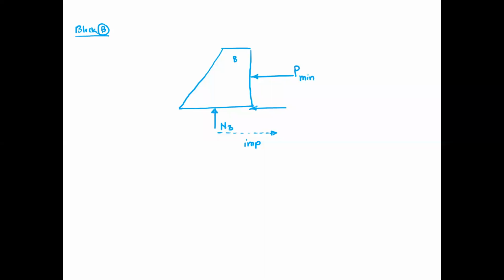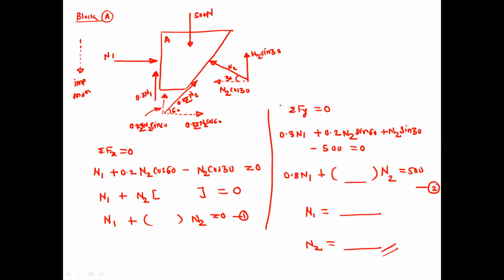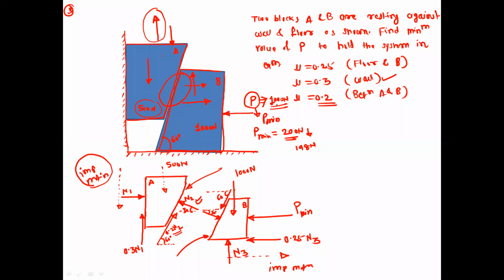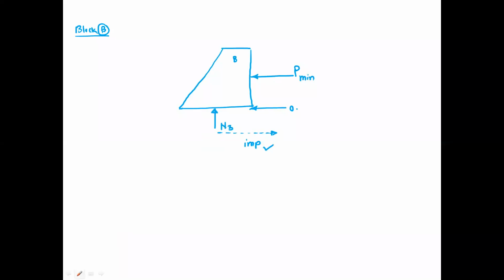This is the friction force opposite to the impending motion, so this is 0.25 into N3. Then this is the common normal reaction, that is N2.